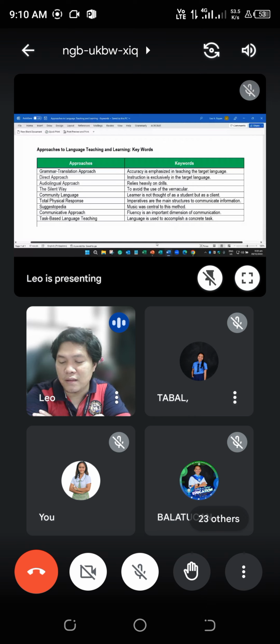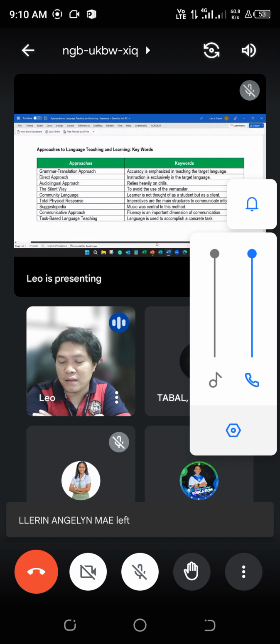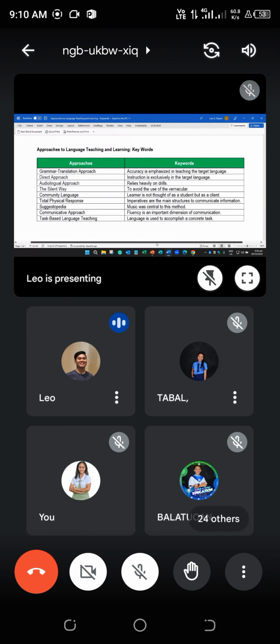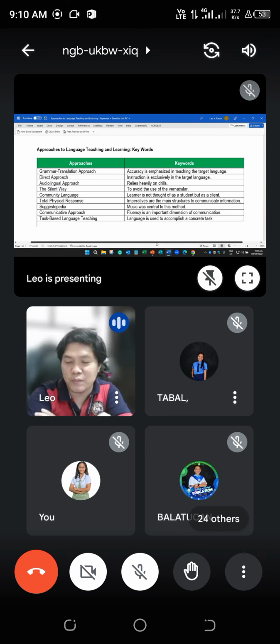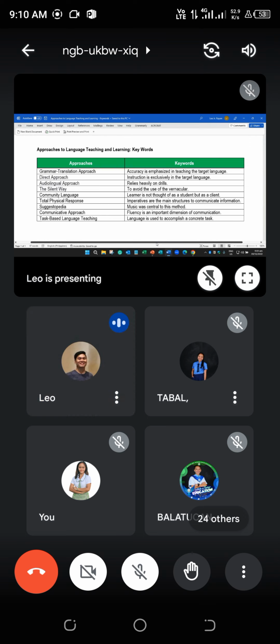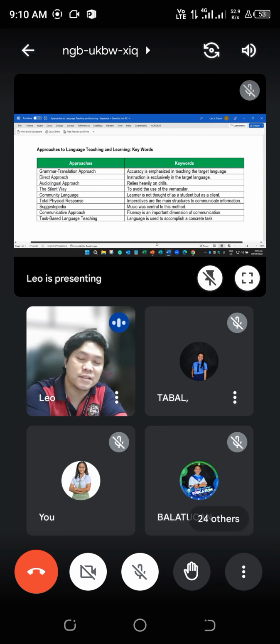Us not knowing the structure, the rules, the grammar, and so on, naglisod gid mi, we struggled. That was a challenge for us because we were taught in the direct approach. The best thing is to really learn Spanish in a way that we can understand and use it directly in our class.